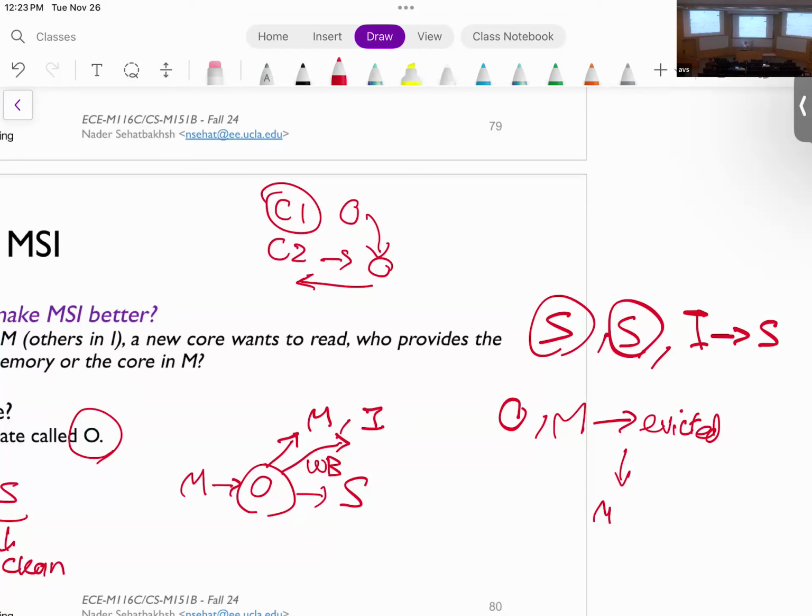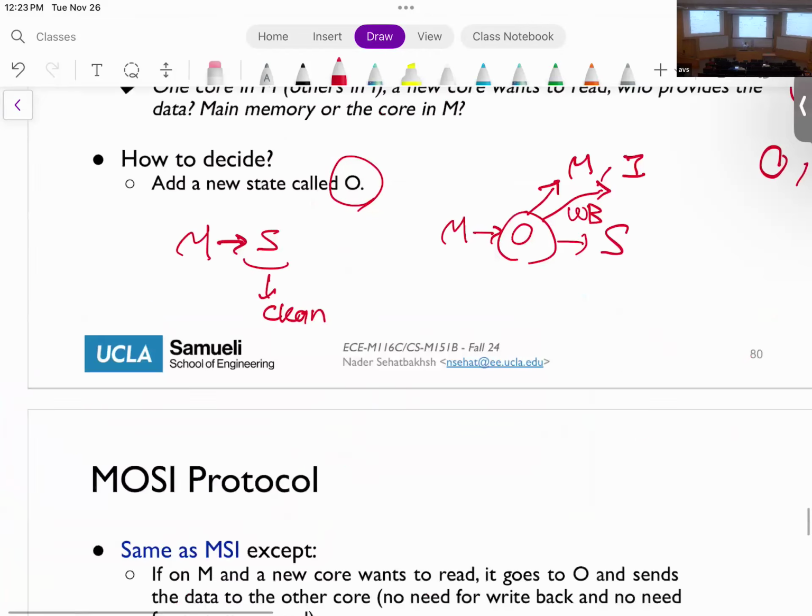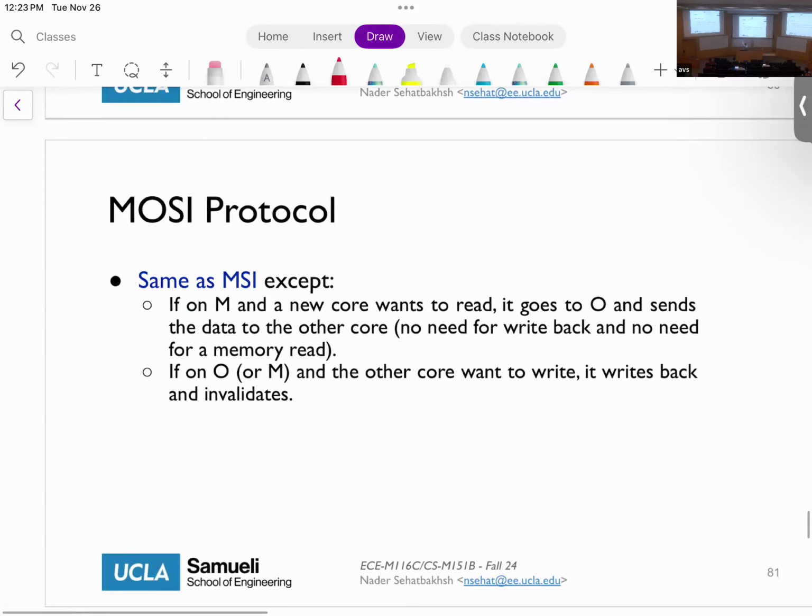So with O, we can have then MOSI, okay? So if we look at the MSI and then we have MOSI, essentially I'm adding O to MSI. Everything is similar to MSI.